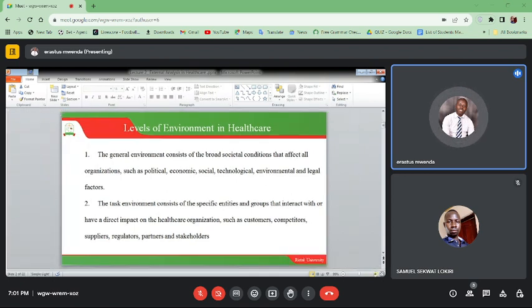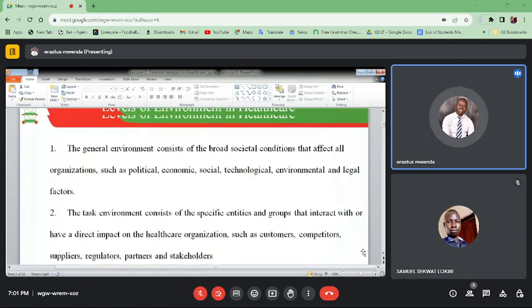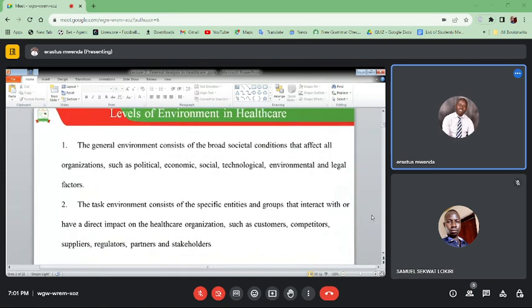So when we talk about levels of healthcare environment, we have the general environment, where we are going to be looking at the societal conditions that are going to affect all organizations, political, I've just mentioned a number of political factors.